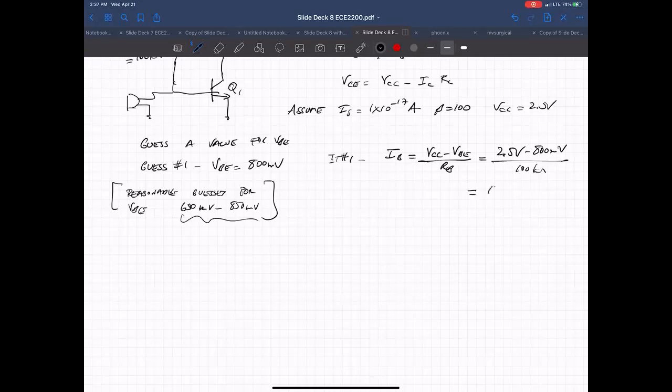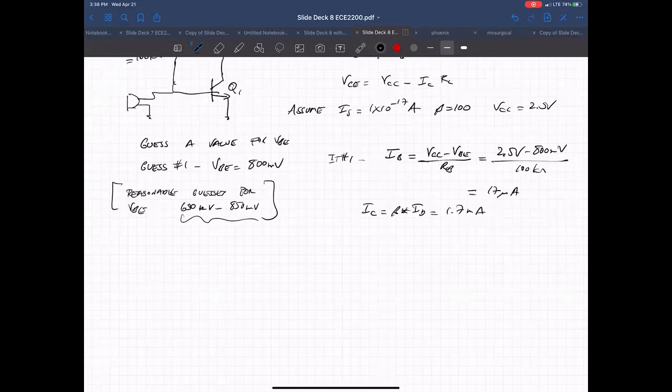So this is 17 microamps. And I sub C is beta times I sub B. So it ends up being 1.7 milliamps. So now we can plug this back into our VBE equation to see if this first guess was close.